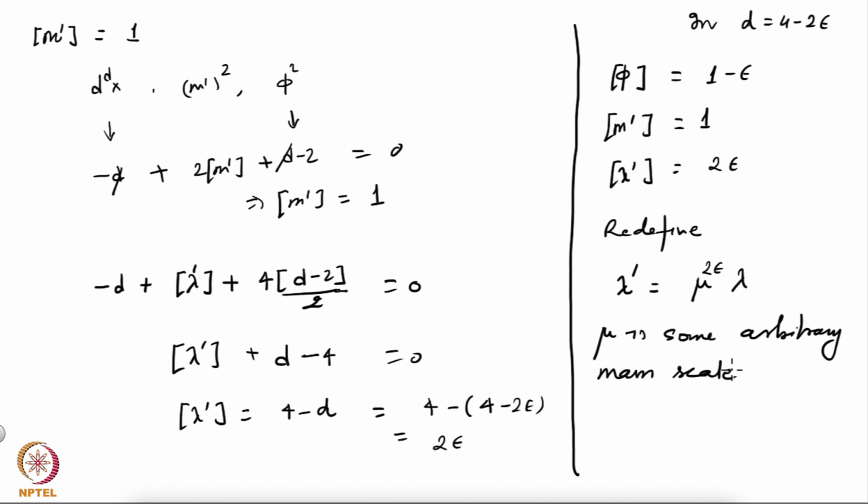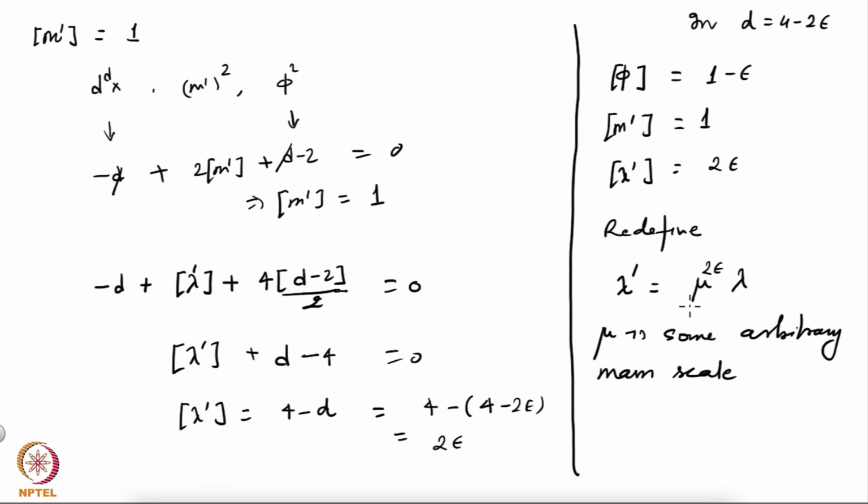So what's the benefit? By doing this, lambda becomes dimensionless, right? Because the mass dimension of lambda prime is mass to the power 2 epsilon. When you take it to the right hand side, the mass dimension of mu to the 2 epsilon will be 2 epsilon, and because the mass dimension of the left hand side is already taken care of by the factor mu to the 2 epsilon, lambda is dimensionless.